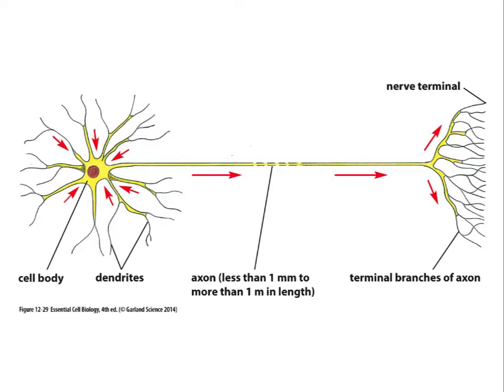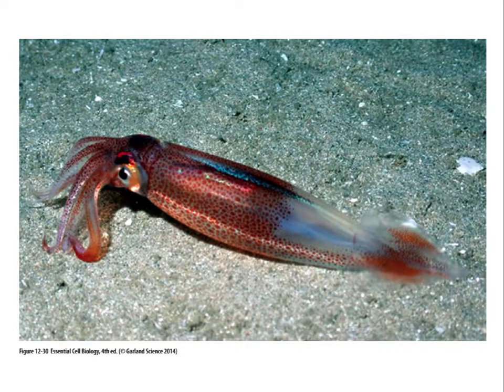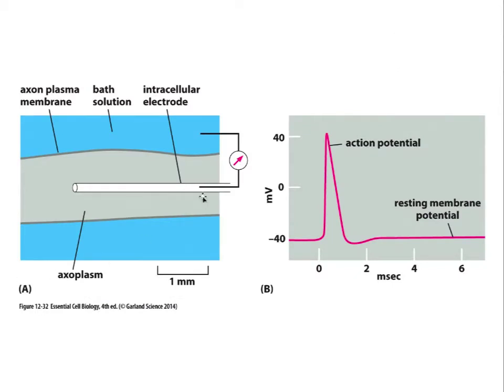As I said earlier, most of our research has been done on the squid, and the giant squid in particular, because its axons are huge in comparison to human axons. And as the blue pages in the book illustrate, we can put our electrodes deep inside those huge diameter neurons to measure the membrane potential.